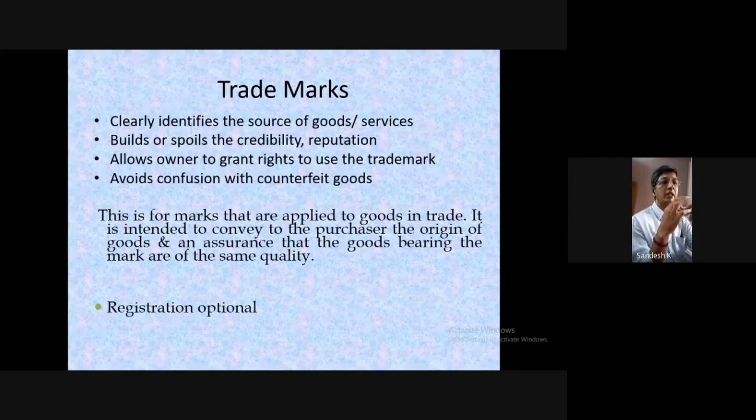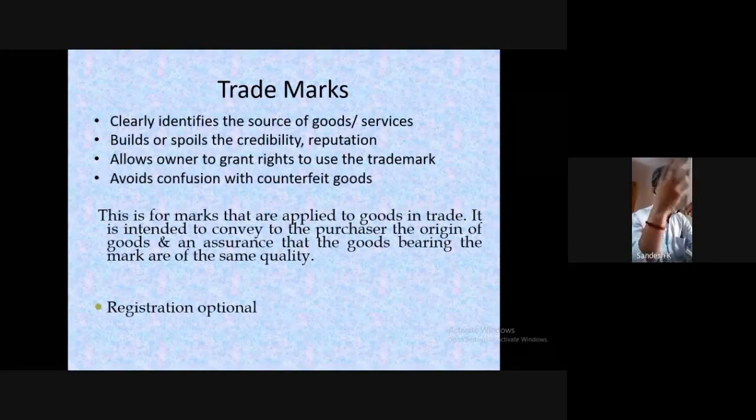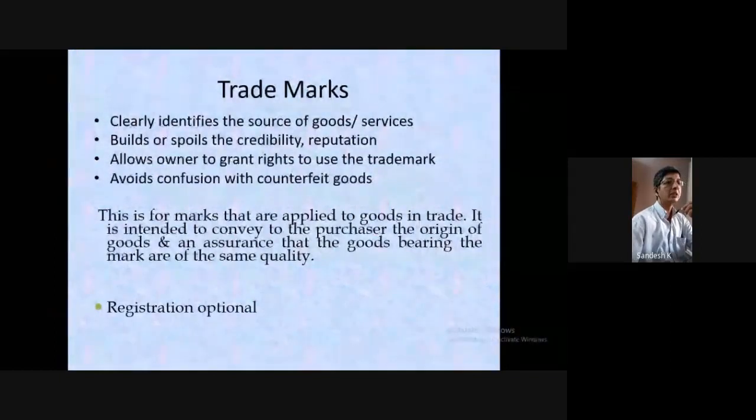Of course, the quality, and you understand the goods belonging to a specific trademark are of similar quality. He makes a decision based on that trademark. Registration is not compulsory; it's optional. But once it is registered, one can definitely prevent others from using this particular trademark.